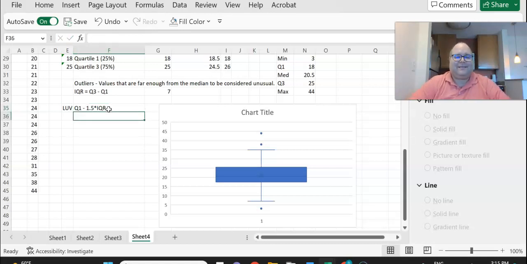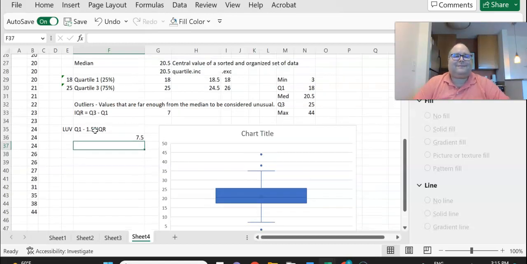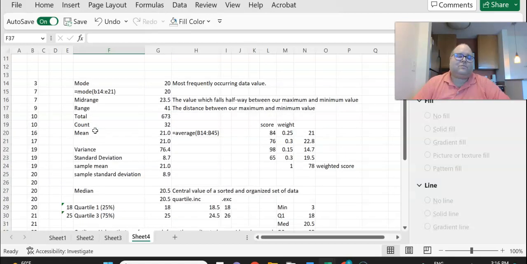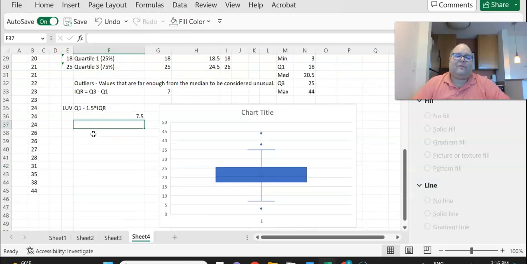In this case, we have 18 minus 1.5 times our interquartile range of 7, which gives us a value of 7.5. So any value below 7.5 can be considered an outlier.